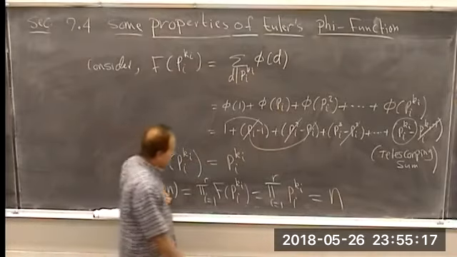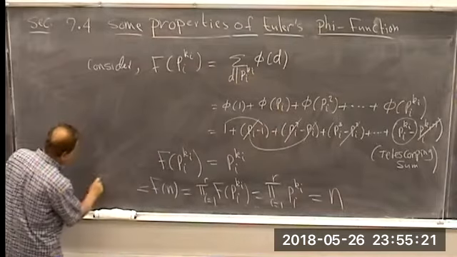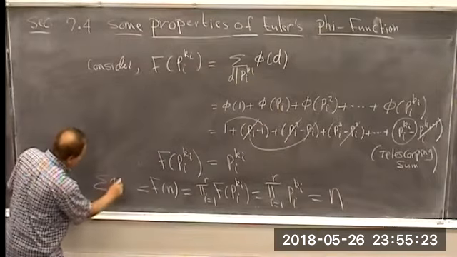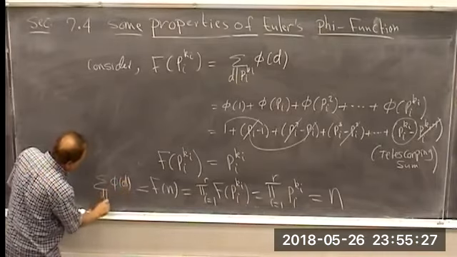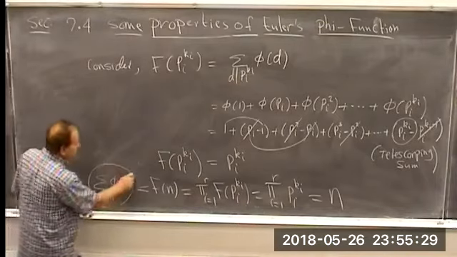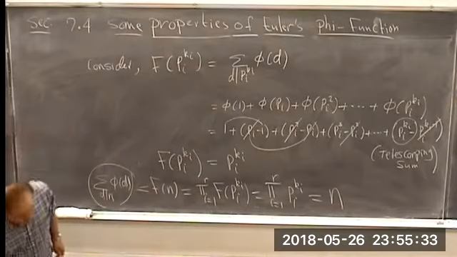Which means that f of n, remember that this was the sum of phi of d over d dividing n, is equal to n.